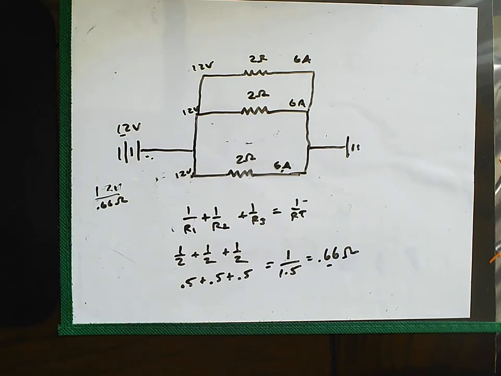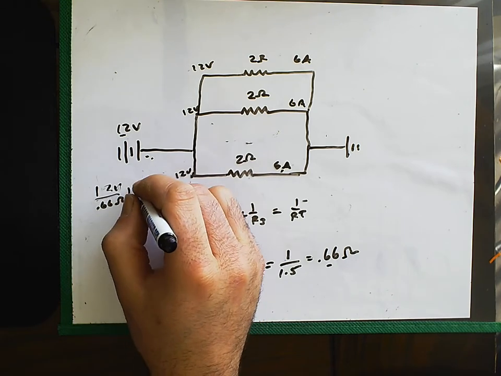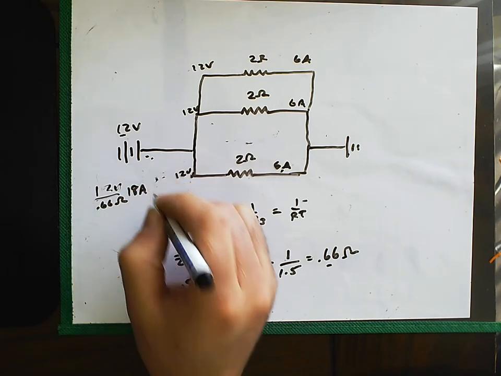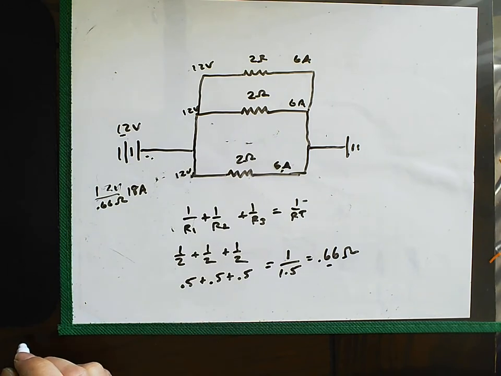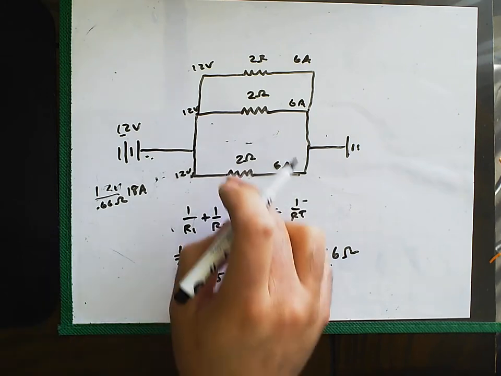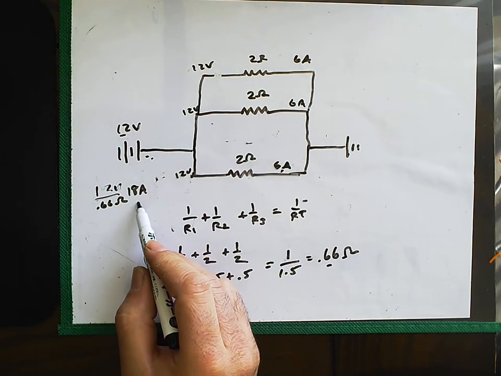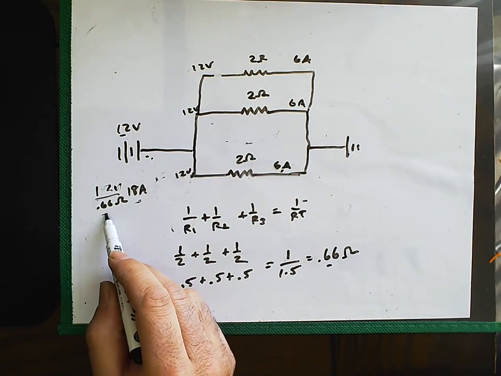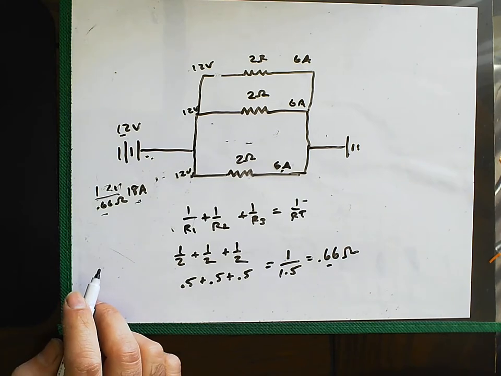When I do that, I get 18 amps, which is the same as 6 plus 6 plus 6. So if I add branches, my total amperage goes up, my total resistance goes down.